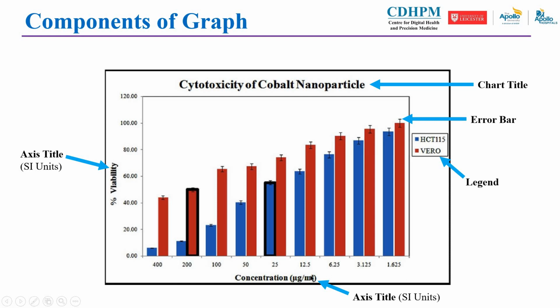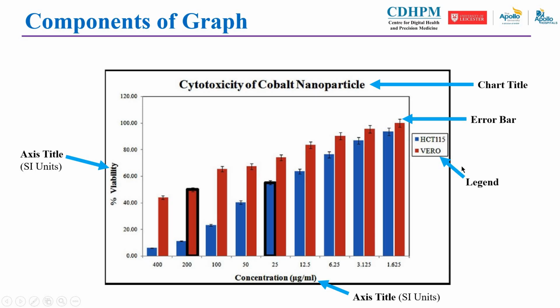So in this case, concentration of the nanoparticle is an independent variable and the percentage viability of the cells is a dependent variable which changes according to the concentration of the nanoparticle used, which we will see in a little more detail later on, what is independent and dependent variable.